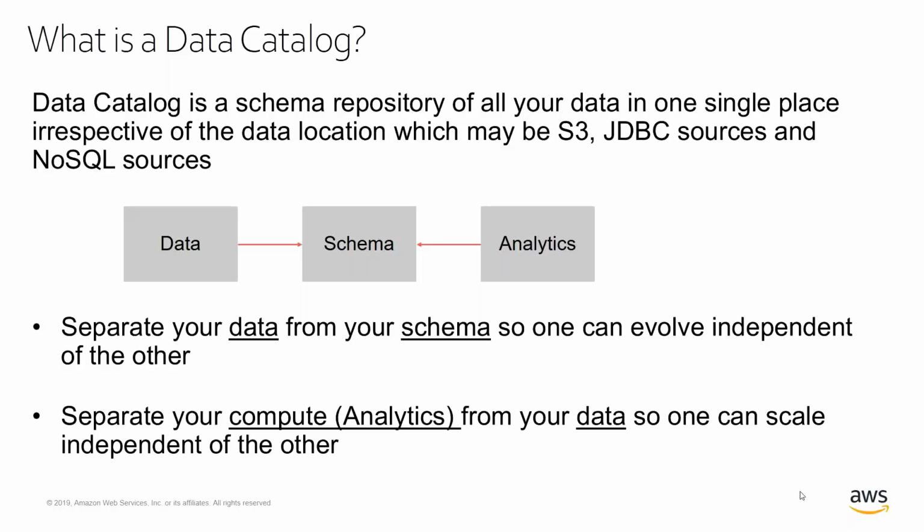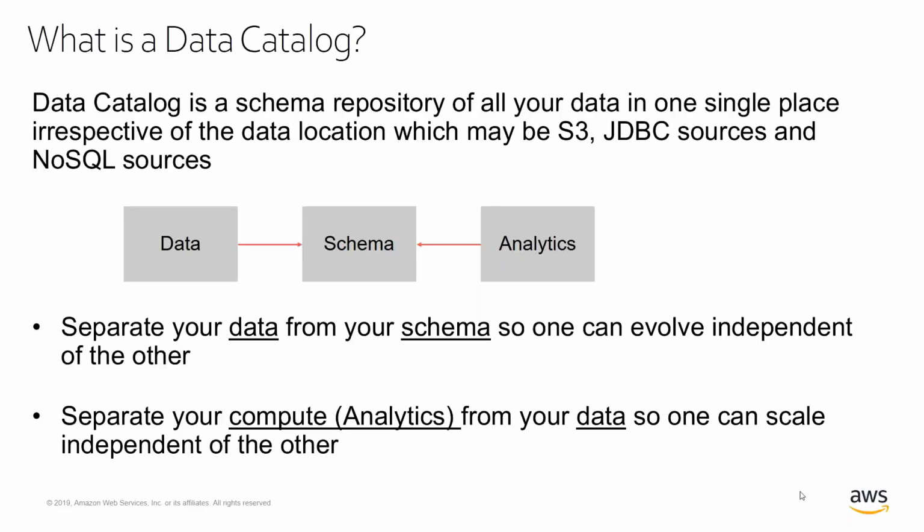And this is a centralized schema repository, and it will point to the places where the data lives, which may be on S3, which may be in relational sources, or it may be even in NoSQL sources such as DynamoDB. In the next slide, I have a screenshot where you will see a typical data catalog.